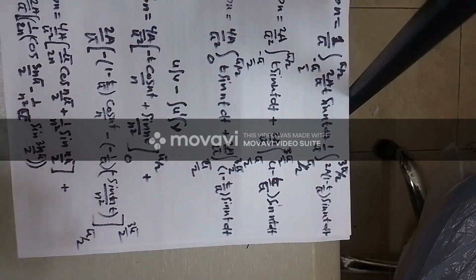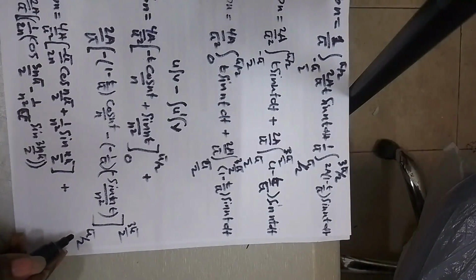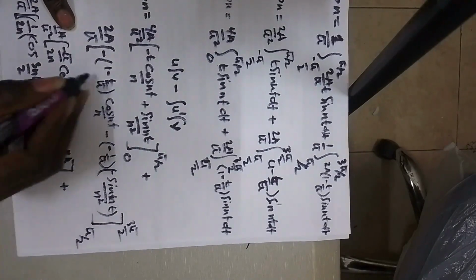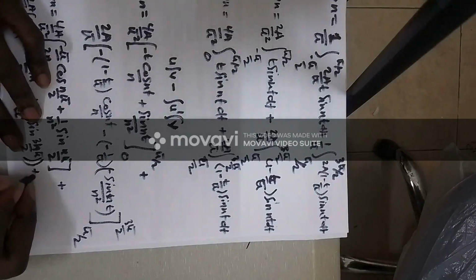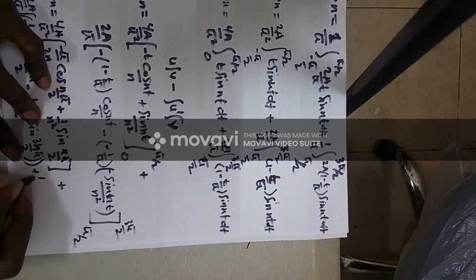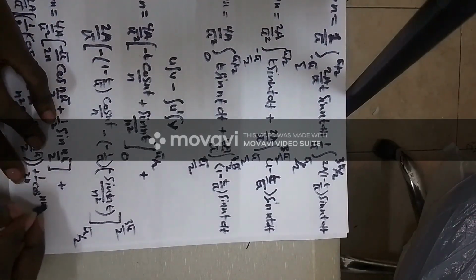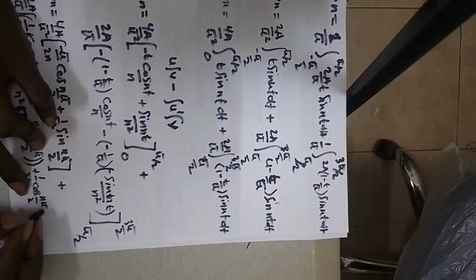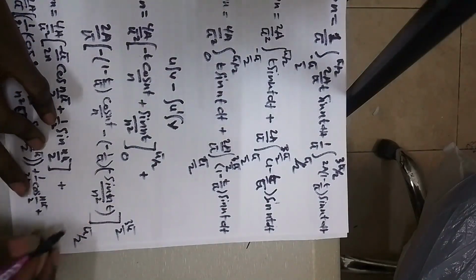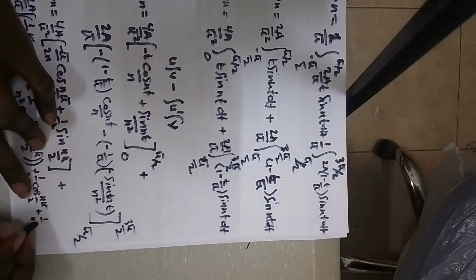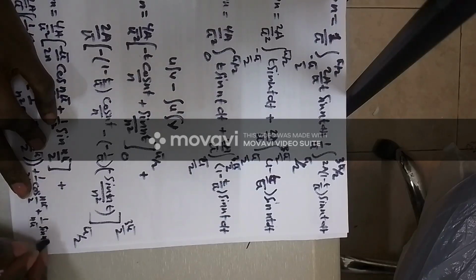All right, so now I'm going to insert the lower limit, which is pi on 2. If I insert the lower limit, pi on 2, then if I put pi on 2 here, I'm going to have plus 1 over 2n cos n pi on 2, plus 1 over n pi sine n pi on 2.